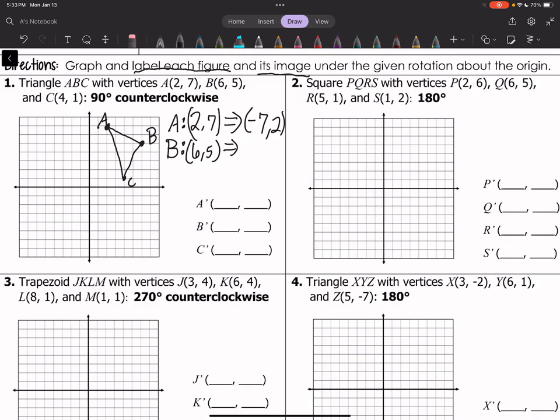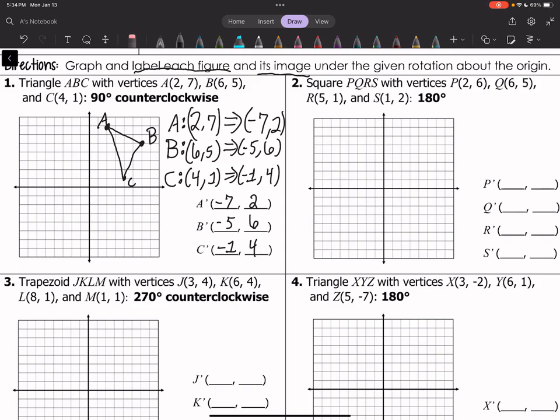It's going to become negative 5 and 6. C was 4 and 1. You guessed it, it's negative 1 and 4. All right, going to write these down here, and then I'm going to graph.